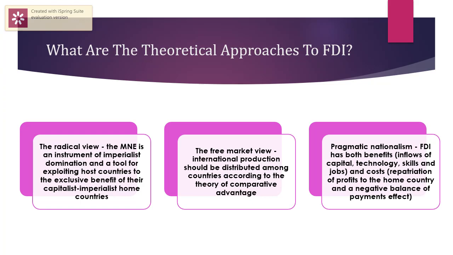The radical view is based on the fundamentals of Marxist political and economic theories, where it is believed that multinational enterprises, or multinational firms, are an instrument of imperialist domination and a tool for exploiting host countries to the exclusive benefit of their capitalist imperialist home countries.